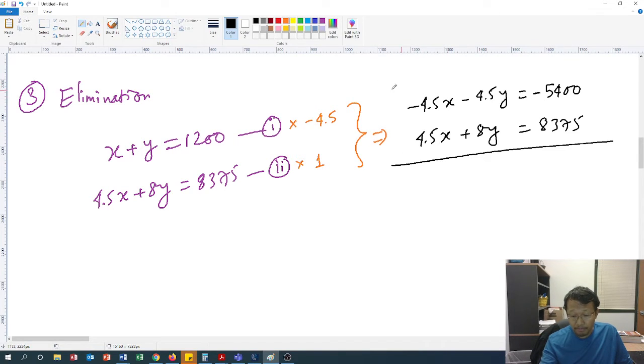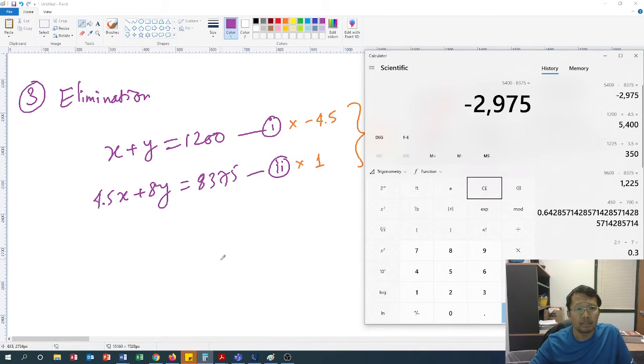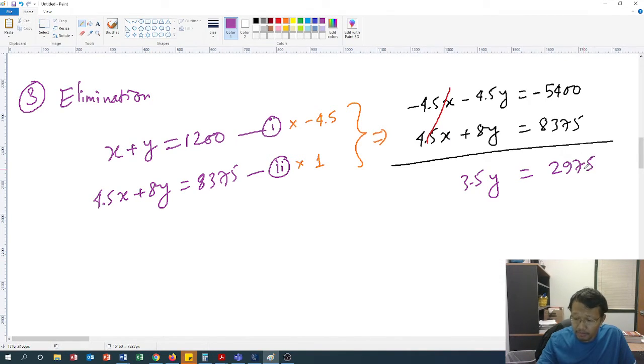So let's add them up. Once we add them, these two get cancelled. This one is simply 8 minus 4.5, which is 3.5y, equals 5400 minus 8375, which equals negative 2975.